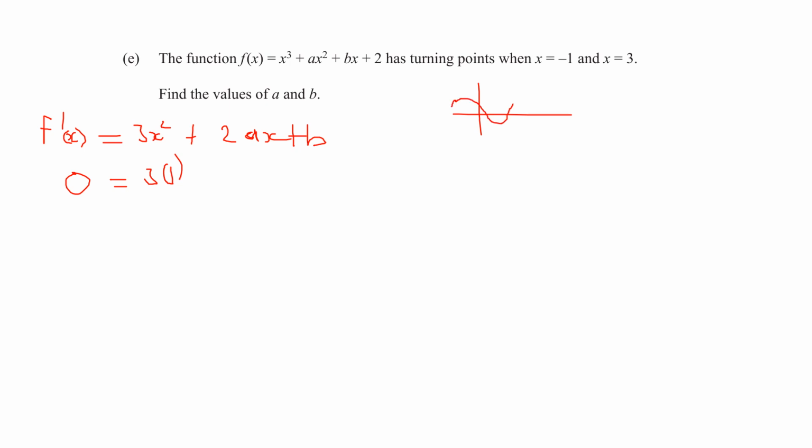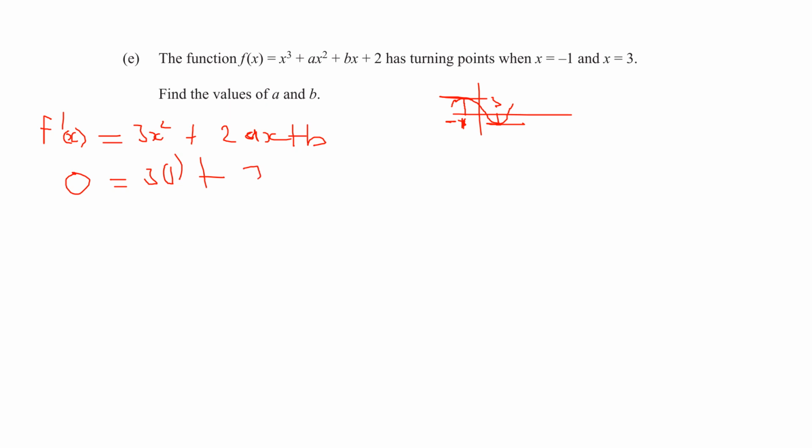We know that this point here is minus 1, and we're saying that this point is equal to 3, right? And these are the 2 points where our gradient is equal to 0 for the tangent.